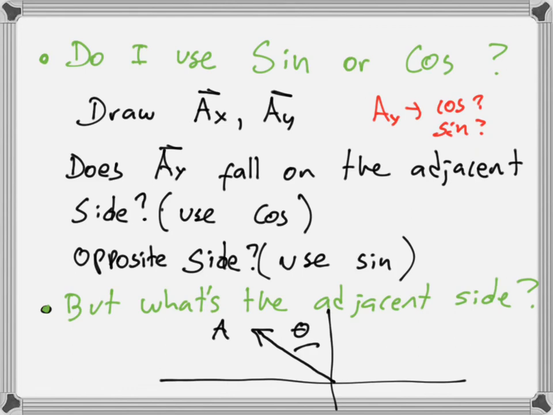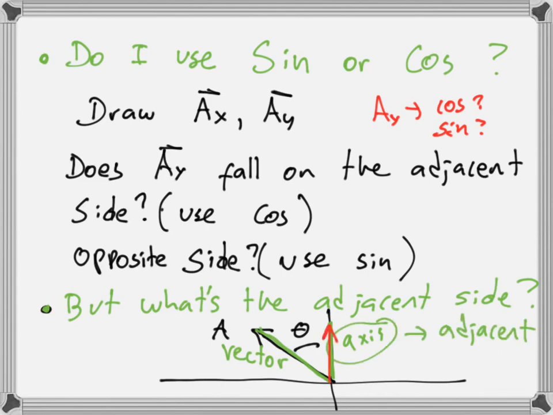There's going to be the angle that you have, it's always going to be given, or is going to be defined by the angle between the vector and either the x or the y axis. So the adjacent side is the axis that is contributing to form the vector. One side of that angle is the vector itself, the other side is going to be an axis. That is the adjacent side of the angle.